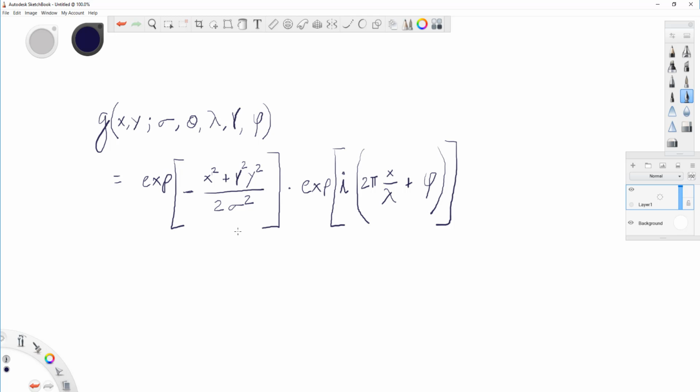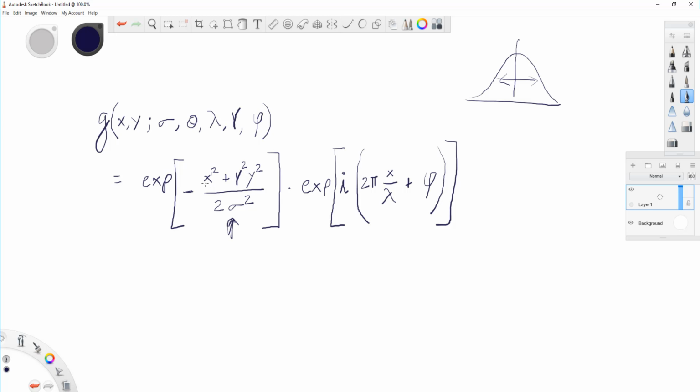Now let me quickly mention, sigma is nothing but your standard deviation, right? If you have a one dimensional Gaussian, then you know what sigma is. It defines the standard deviation. So that's that term. And if you look at gamma up here, gamma squared, I said it defines the aspect ratio.